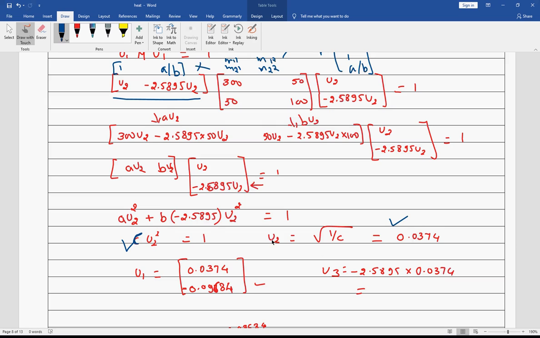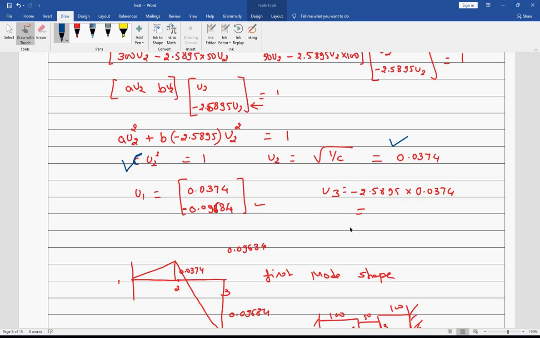So directly you can write the formula for u2 as 0 this into this, and the second mode shape you can find out as this is u2. So once you got u2, which is equal to 0.0374, okay, and here u3 will be your a by b into u2. Okay, so this is how I will get the first mode shape.